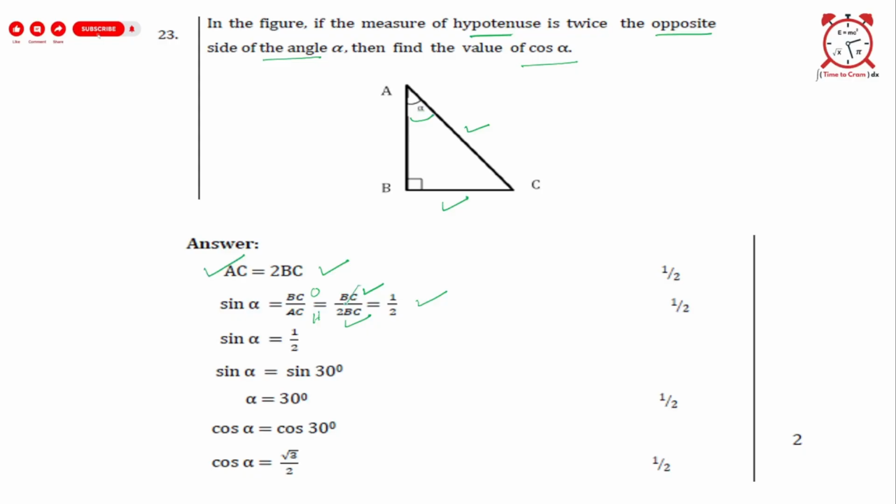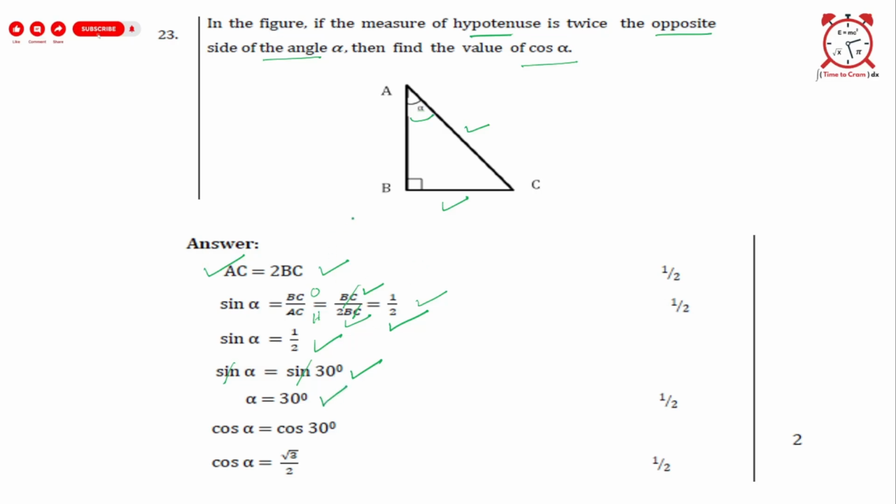So BC cancels, and we get half. So sin alpha equals half. If you have learnt the trigonometric table, then you know that half is sine 30. So alpha equals 30 degrees.